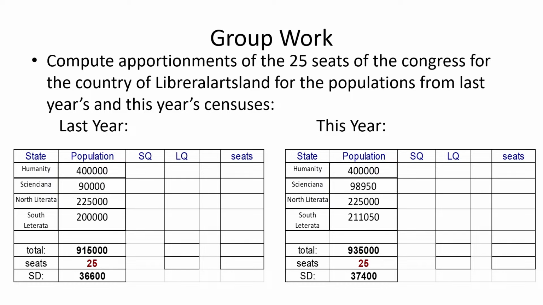In the first one, you added an extra to the south. And then once you added population, you added an extra to the Scienceana. So South Literata ended up losing a seat after the populations increased. It feels like if your population is increasing, you should not lose seats.